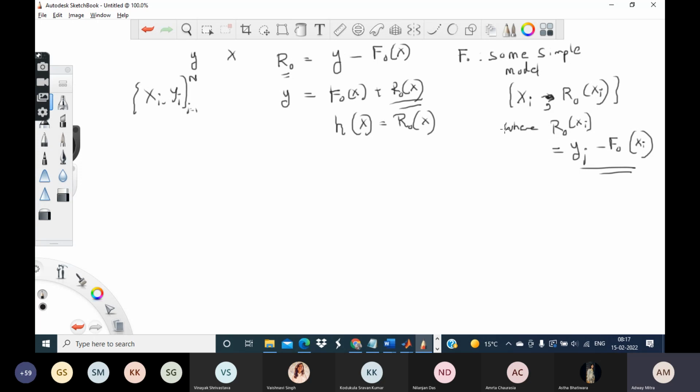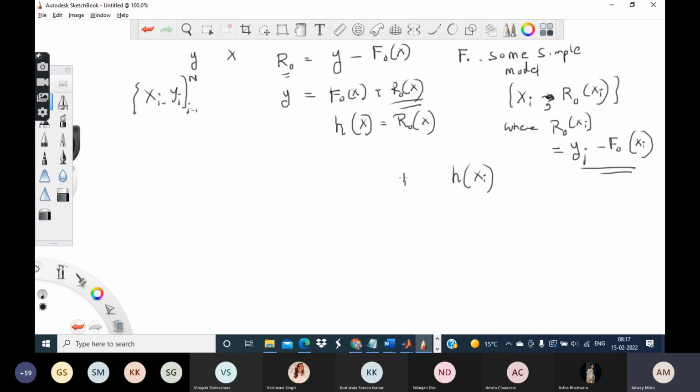So now I have to learn a mapping from xi to r naught xi. You can just forget that these are residuals. You can imagine that I have got a different data set where these are the labels. So I find some kind of a mapping from xi to r naught xi. Let me call that h. So h of xi tries to predict r naught xi, but of course it will not be able to predict it perfectly.